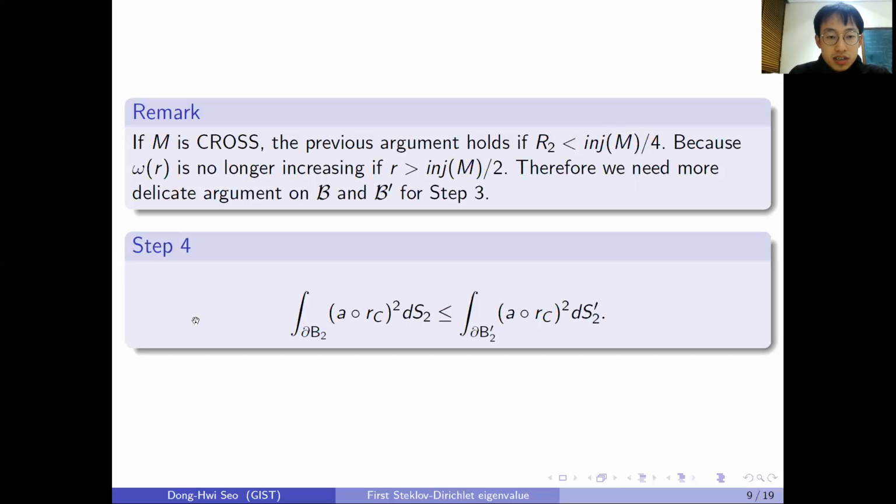They considered the parameterization of the boundary of B2 and the boundary of B2 prime, and then transformed this integral into some identity using hypergeometric functions, and then using the power series form of the hypergeometric function, they compared these two integrals.